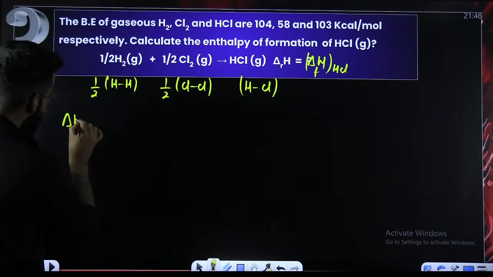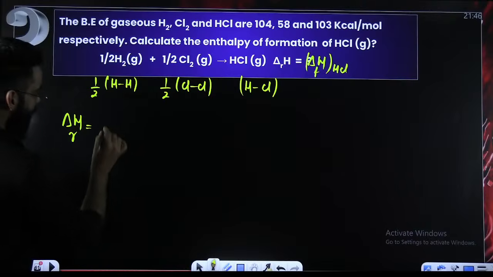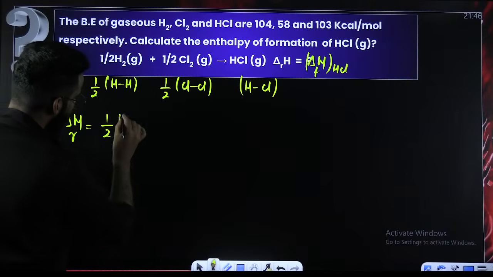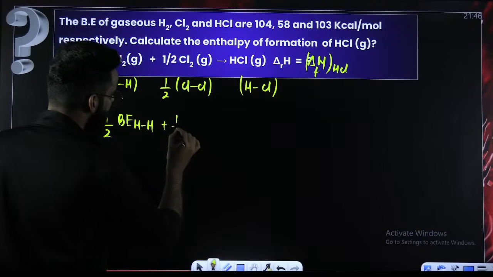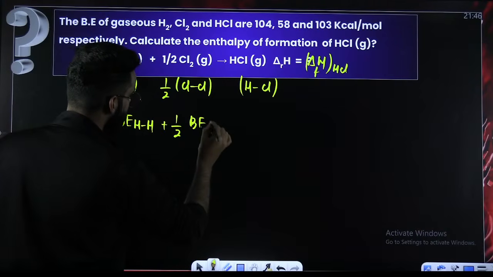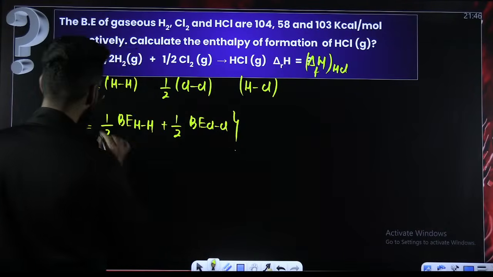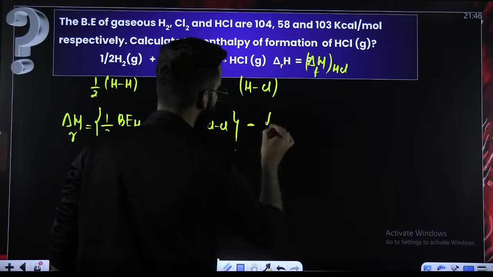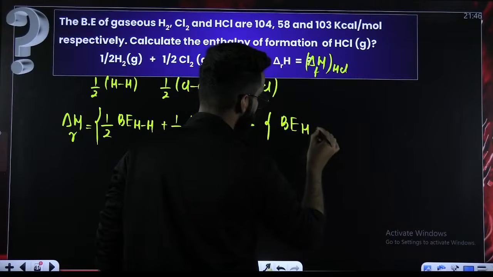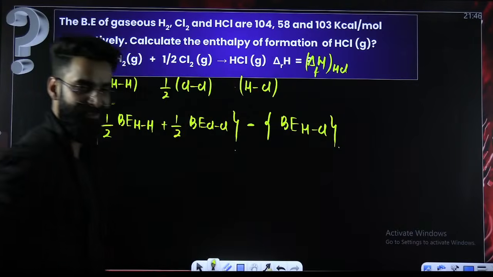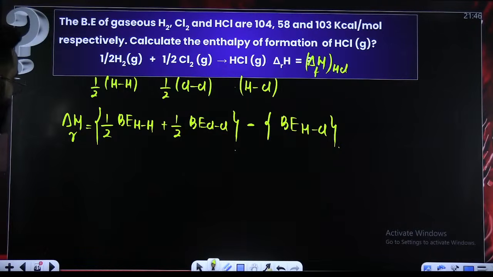So, the enthalpy of the reaction is equal to the bond energy of reactants, half of the H-H plus half of the Cl-Cl bond, minus the product, stoichiometric coefficient 1, the H-Cl bond. Correct?